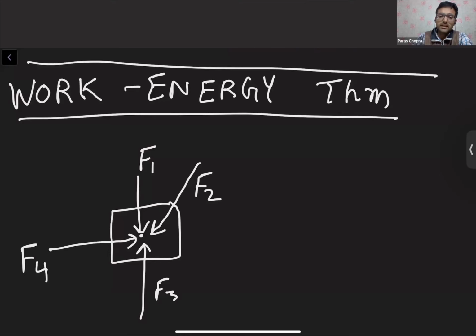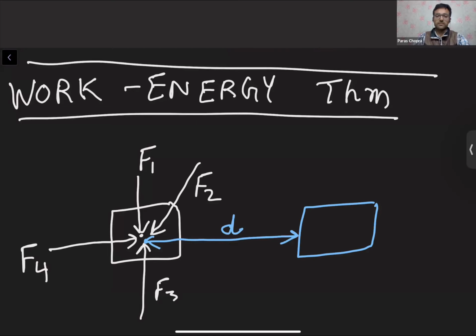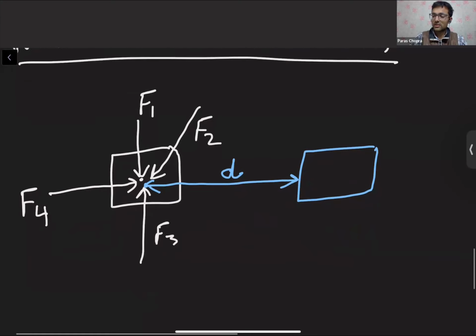Let us say by the application of all these forces, the position of the block changes, and let this be the new position where this displacement is given by small d. Okay. So let us say the initial velocity was v initial and the final velocity was v final.